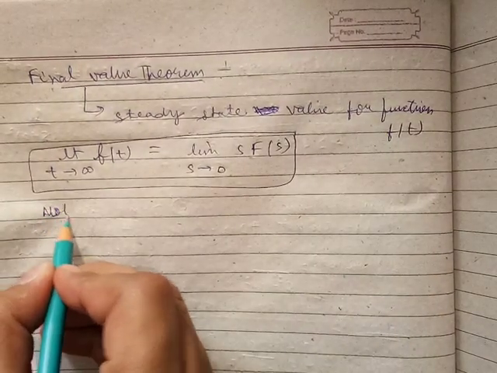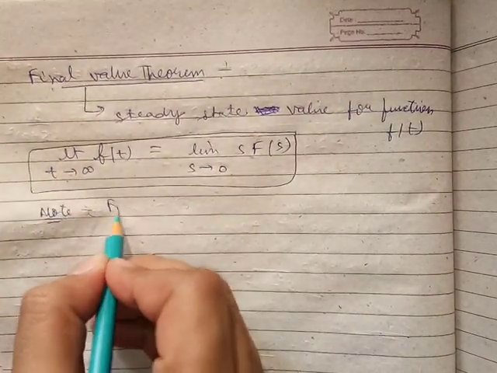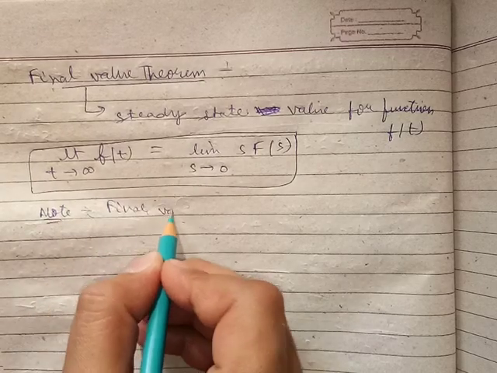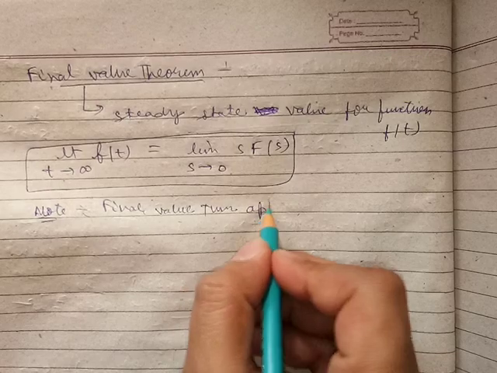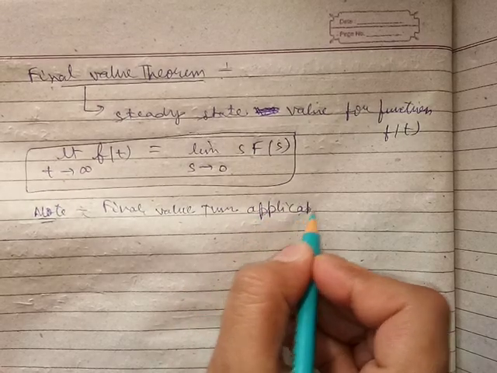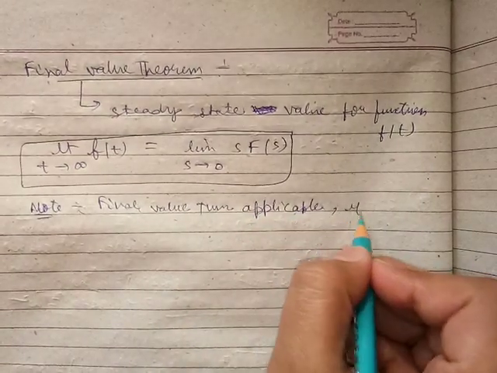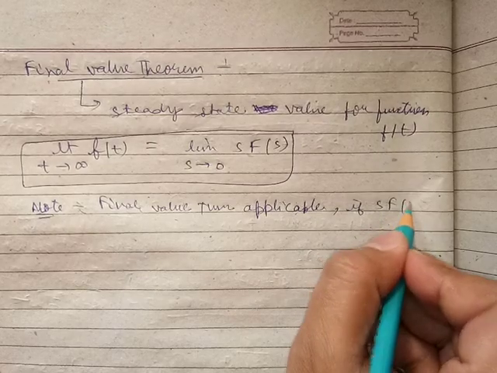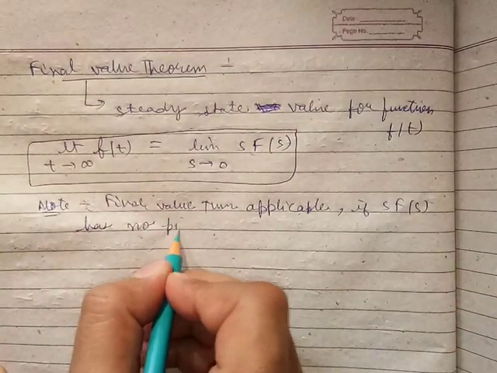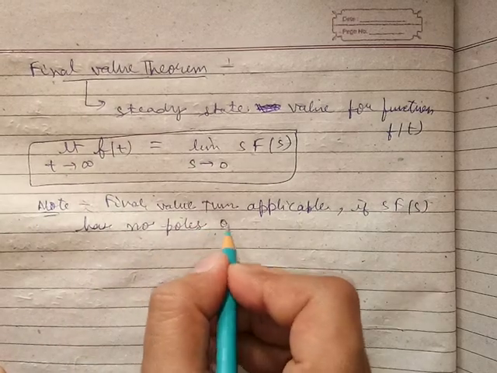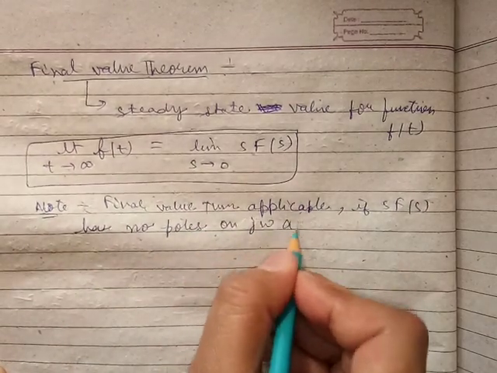Note: the final value theorem is applicable if F of s has no poles on the j omega axis.